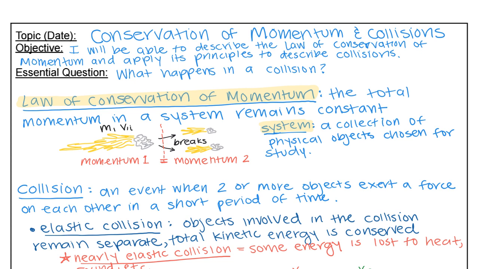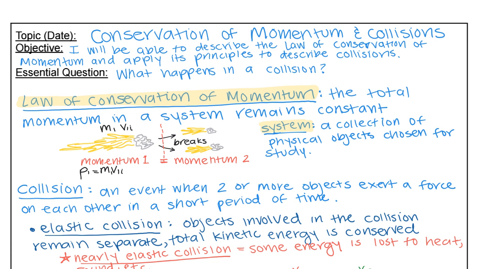Keep in mind, mass times velocity is equal to momentum. So we got m1 v1I. Again, that stands for the velocity of the first object, and it is the initial velocity. So that's our momentum 1, right?